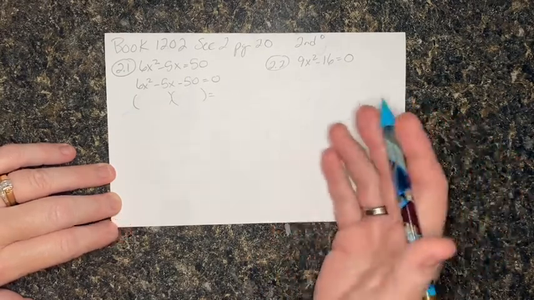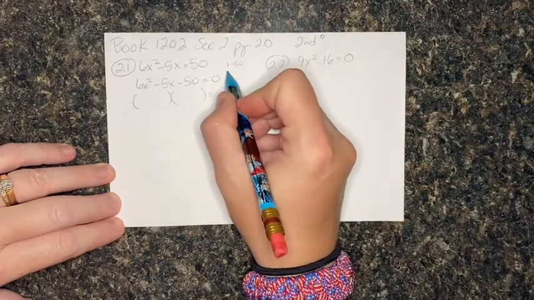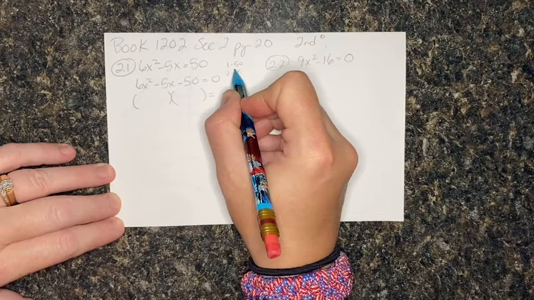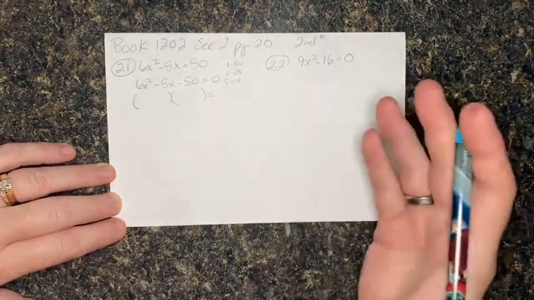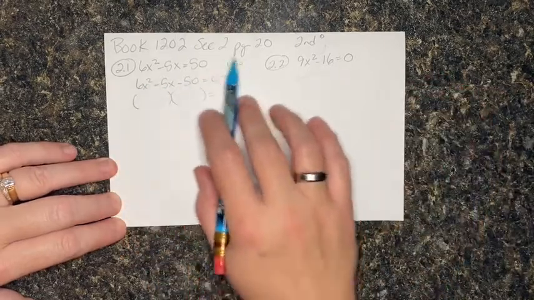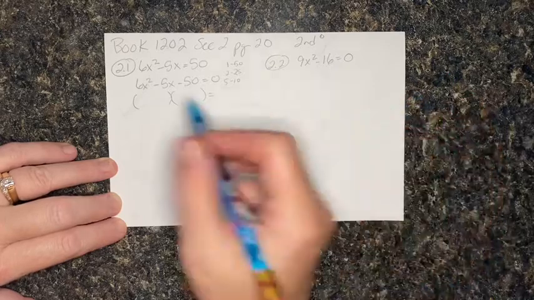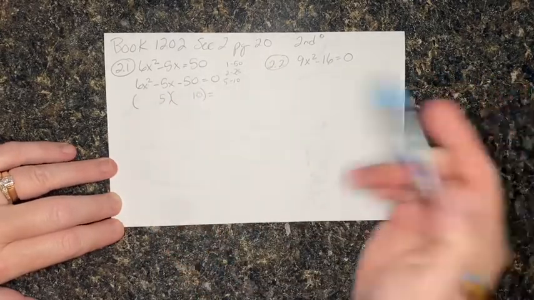Those are our factors, the basic factors that we can use. 1 and 50, 2 and 25, 5 and 10. Now I'm going to try the 5 and 10 because these numbers here aren't very big. I'm going to try the 5 and 10 and see if that works out. So I'm going to put a 5 here and a 10 there for now.